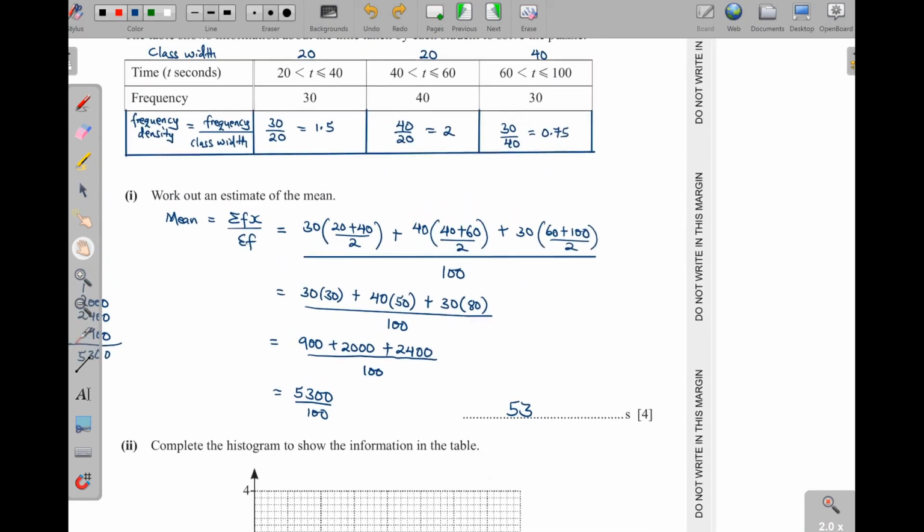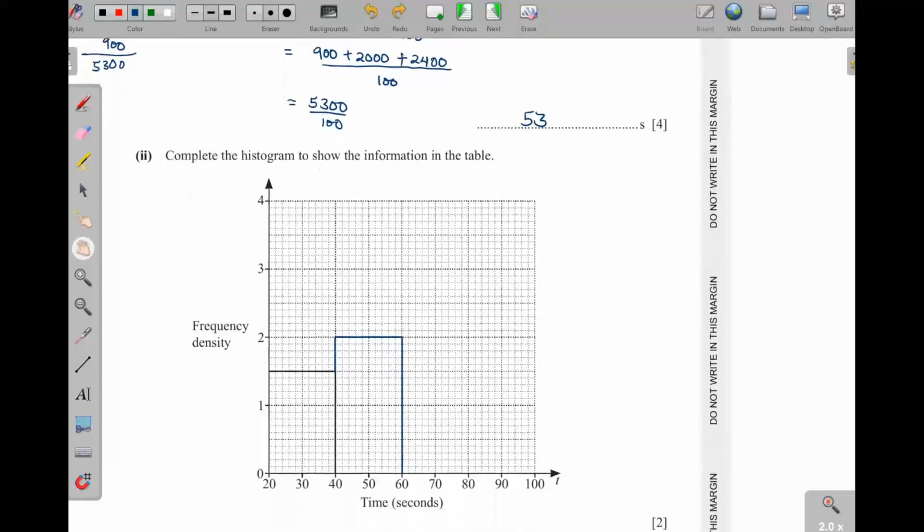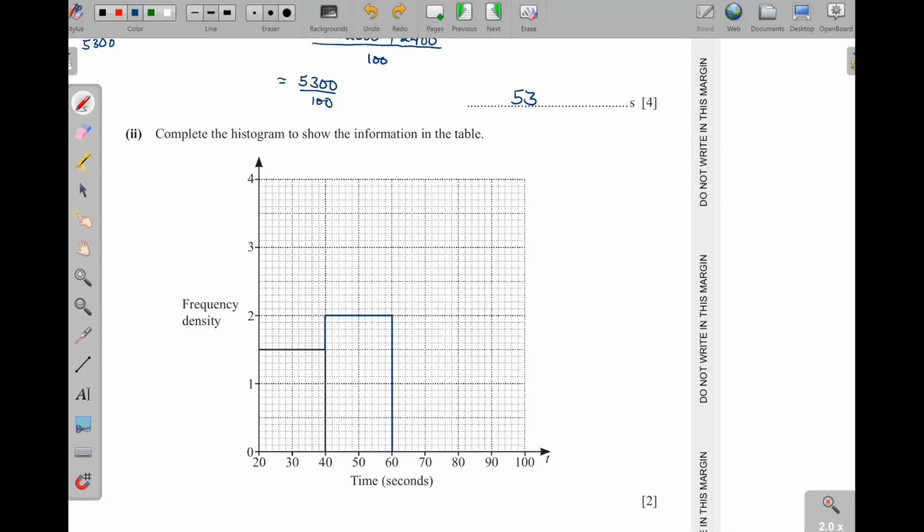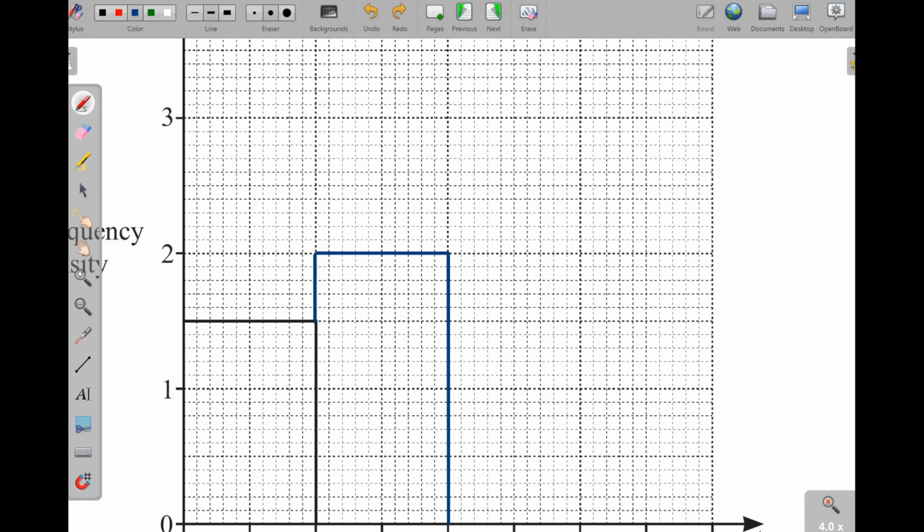Then the last one is 0.75 from 60 to 100. So 0.75, then 75 is there. It has to be in the middle.